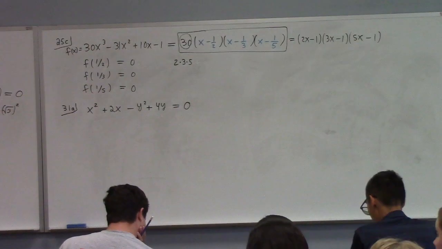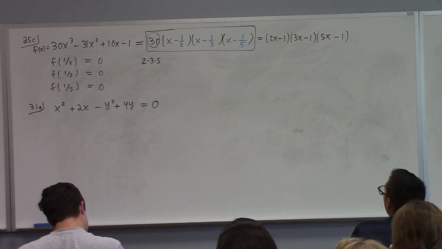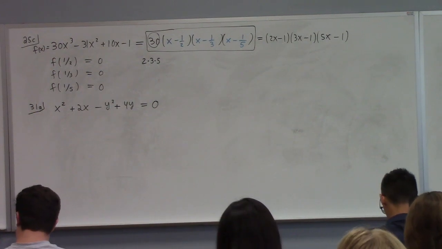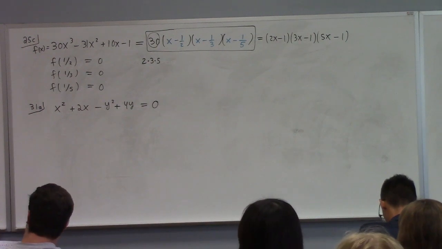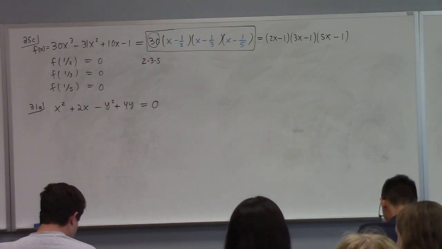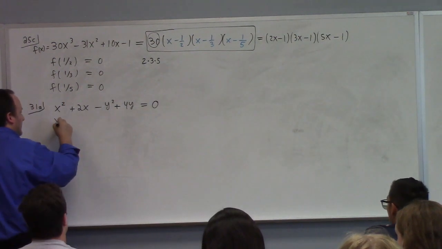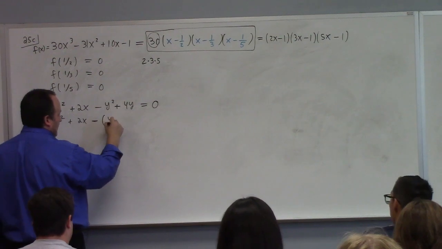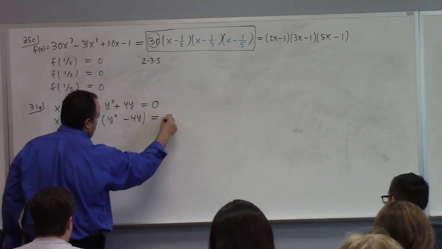All right, so the problem with this one is completing the square is a little bit tricky because of that minus. The instructions say to complete the square on both terms. So before I even do that, I'm going to factor that minus out. So minus parentheses y squared minus 4y equals 0.